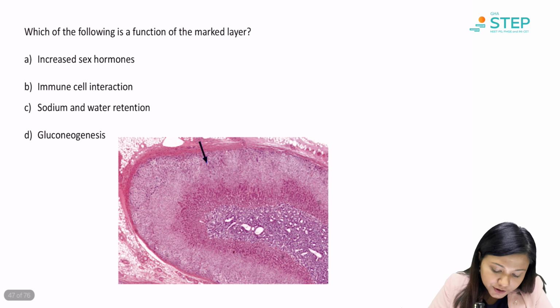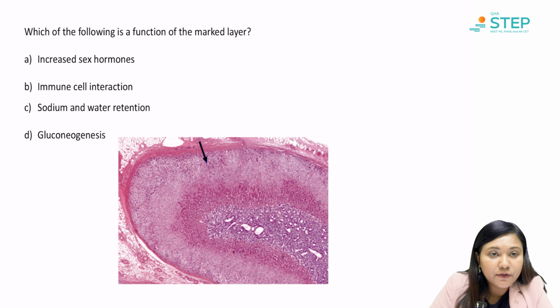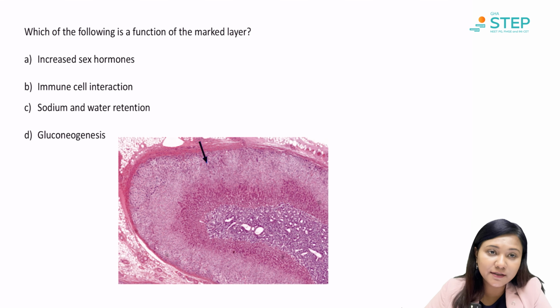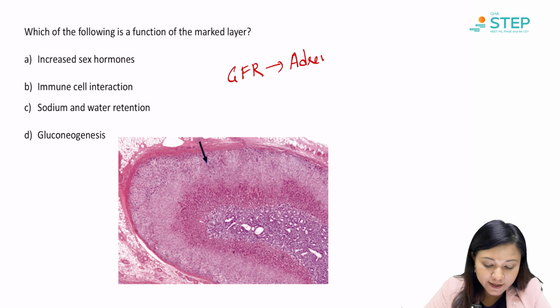Okay, the next question is again one of the histology slides, very easy and repeated. Which of the following is a function of the marked area? They have given increased sex hormones, immune cell interaction, sodium and water retention, and gluconeogenesis. Looking at the options, you can think about one single slide which has the component GFR, and that is present in the adrenal gland.